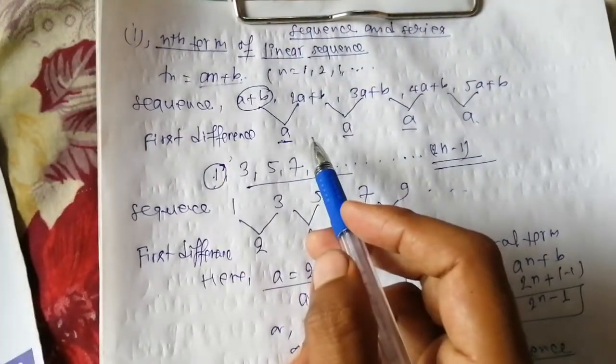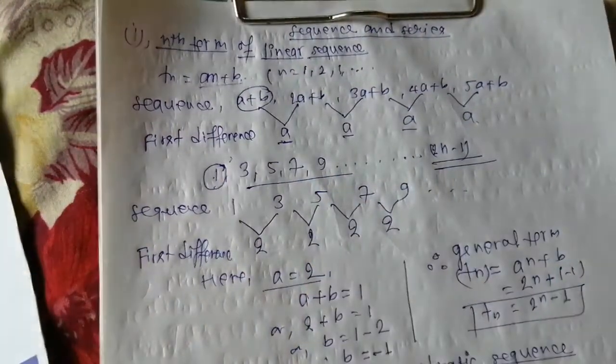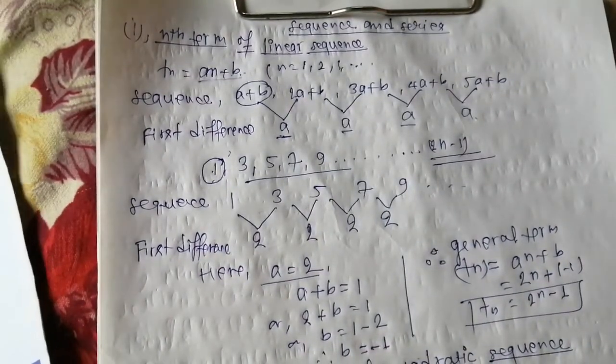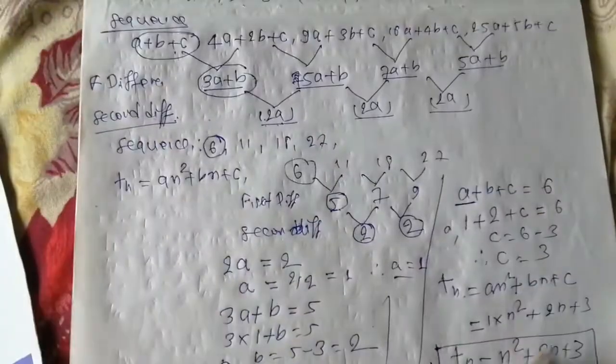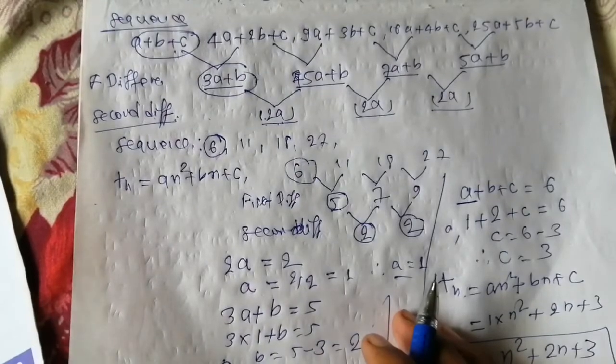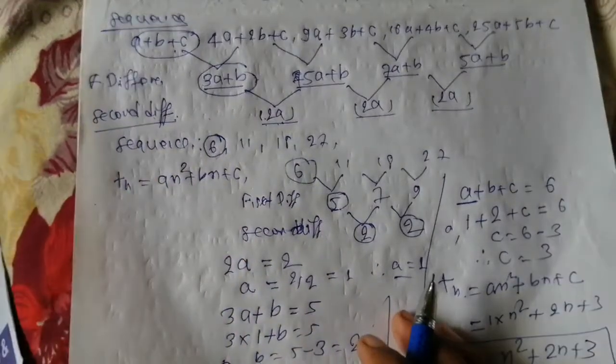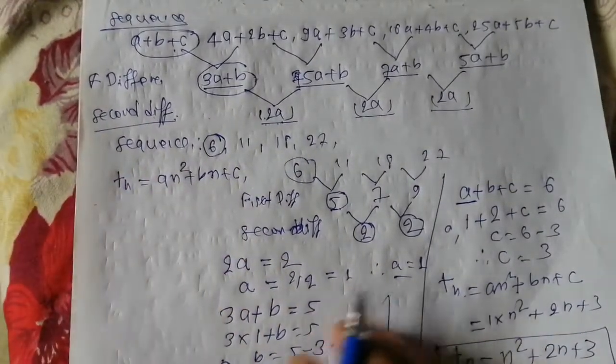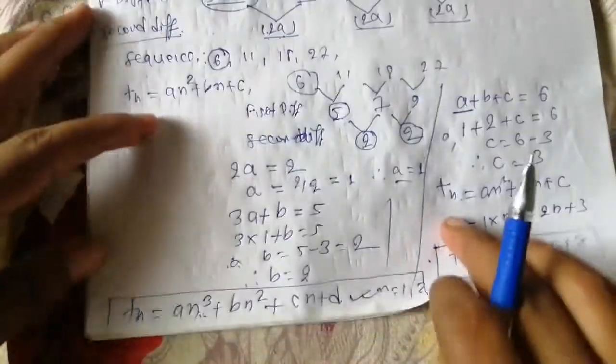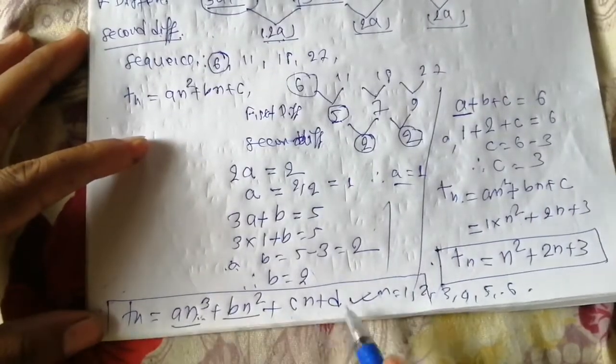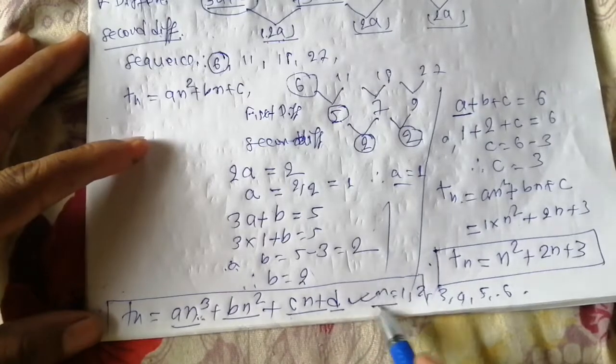And here it is power 1, so the first difference is constant. In this way other sequences can be determined by using this method. So it is easy to apply the formula. Try this for these types of sequence first of all.